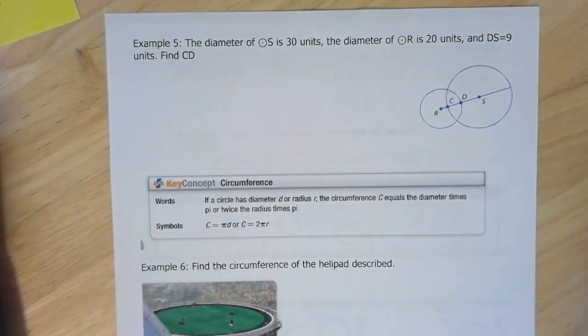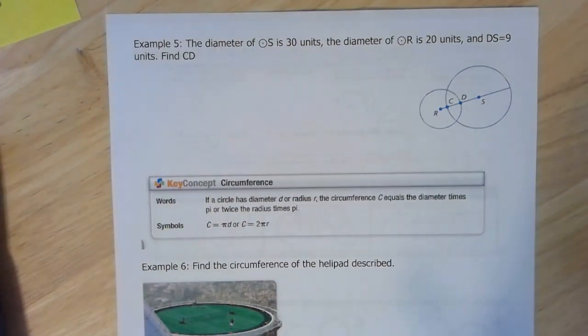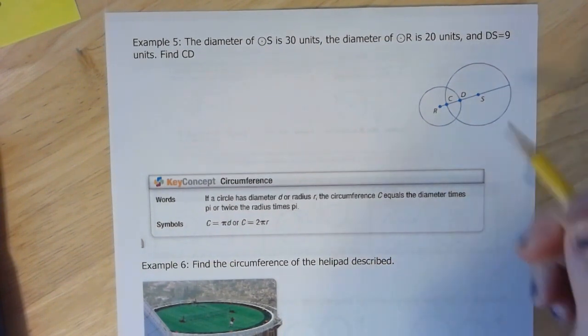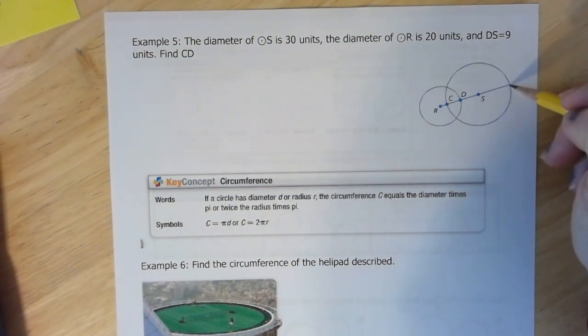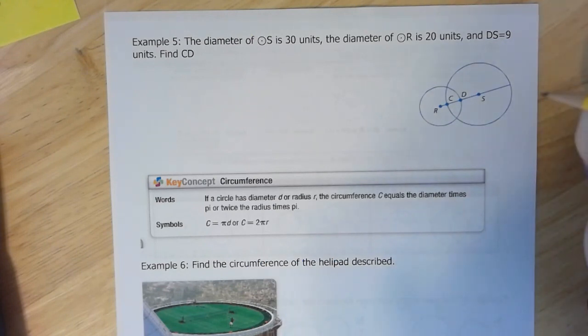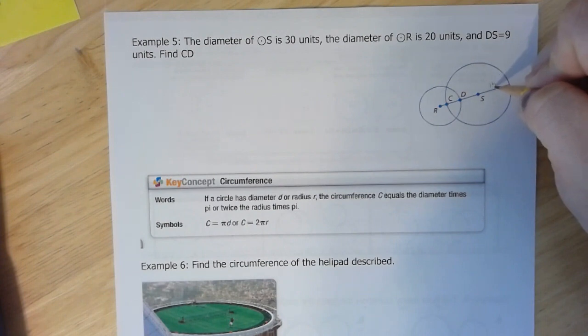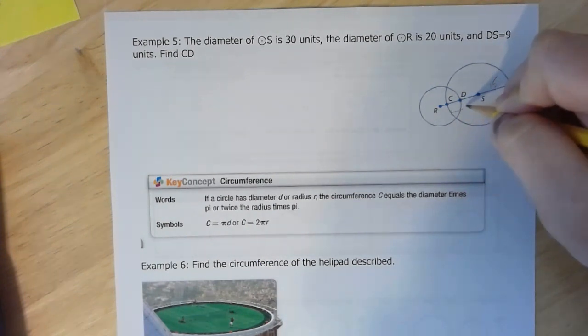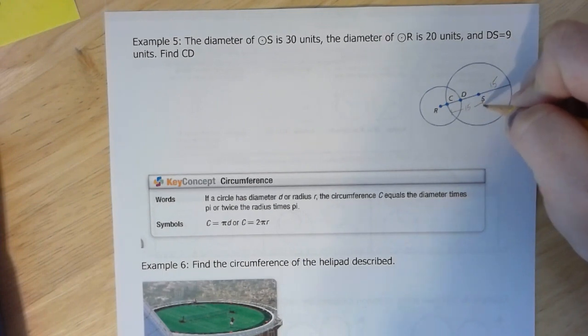All right, so in example 5, it says the diameter of circle S is 30 units. So circle S, this whole thing is 30 units. I am a person that likes to start filling things in. So if the whole thing is 30, I know over here is 15. Just so that I know, over here is also going to be 15.